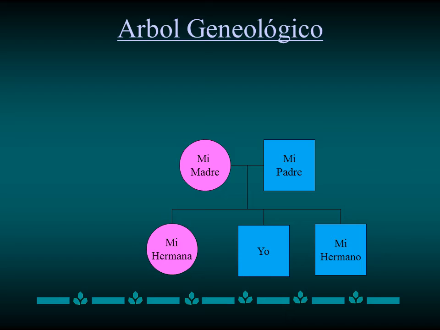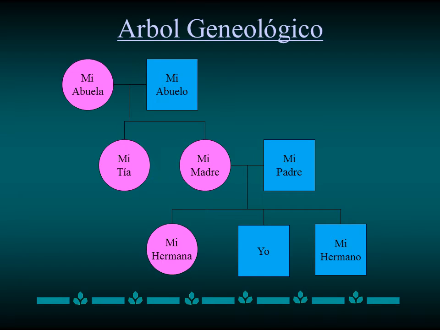So that's the nuclear family, but I have an extended family as well. So let's take a look at some of the rest of that here. So, okay, los padres de mi madre. So we have mi abuela in the top pink circle on the left, and then mi abuelo. So la madre de mi madre es mi abuela, y el padre de mi madre es mi abuelo.